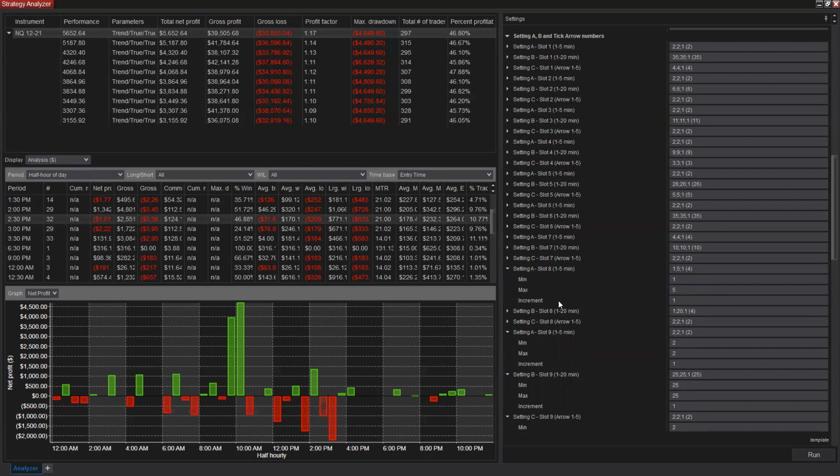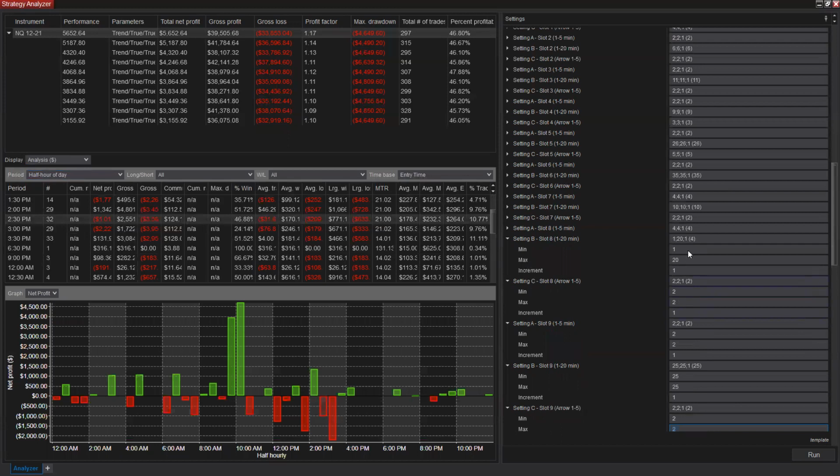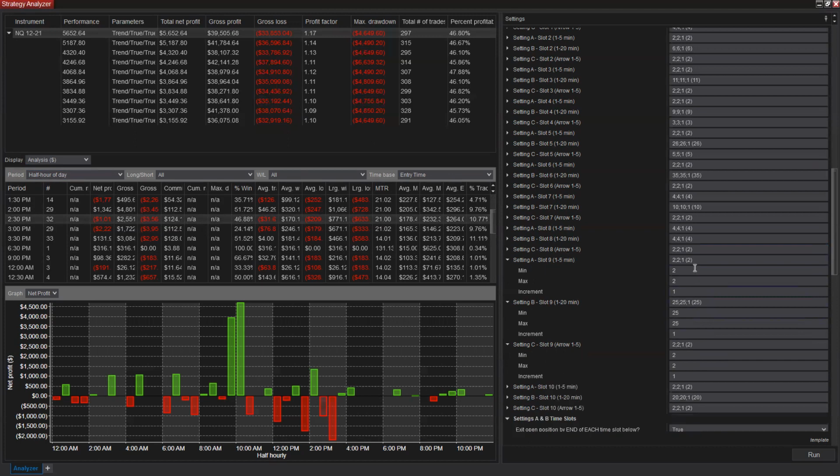And remember, once you've done the slot, just go and fill in those values over there. So 4 and 4 over there, and I'm going to just put the 2 so we can go and optimize the next slot.